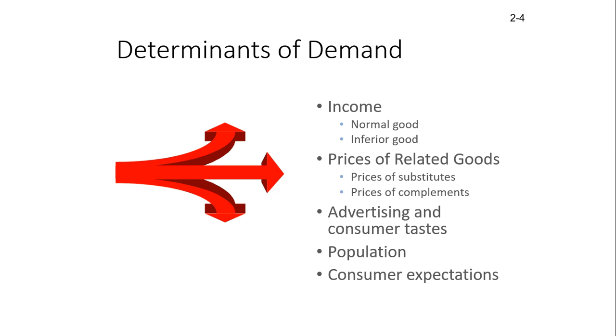So, here's the situation. If we take an example of beef, and make an assumption that beef is a normal good, what will happen is that if I am a consumer of beef and initially my income was 500 kwacha per month, I will be able to buy, let's say, 2 kgs of beef.